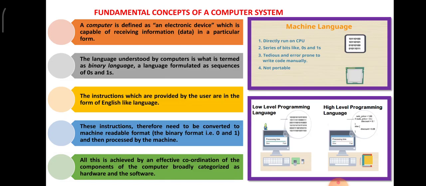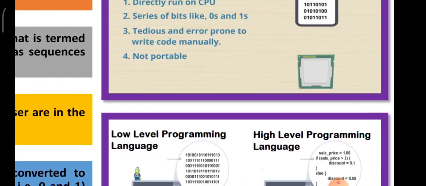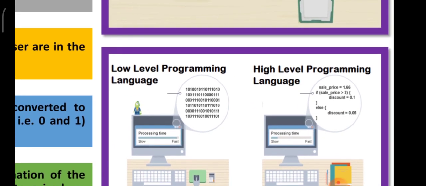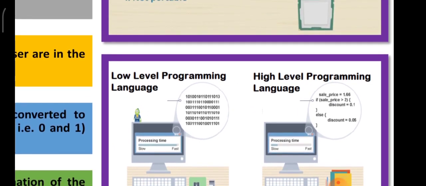Let me move on to the third point. The instructions which are provided by the user are in the form of English-like language. You can see on the right hand side, the second one here. A program is written, with some sales price, some number given.